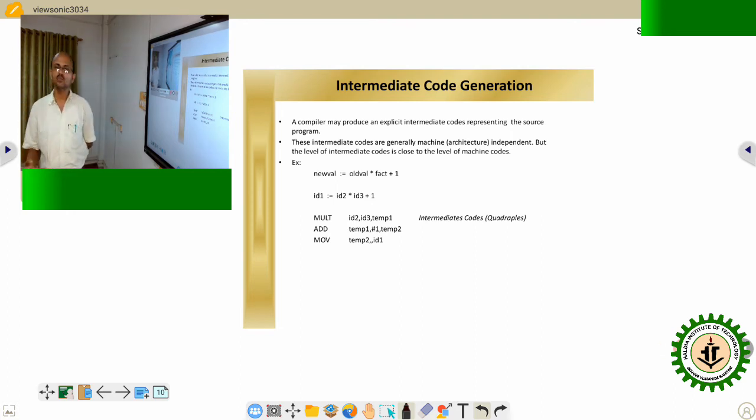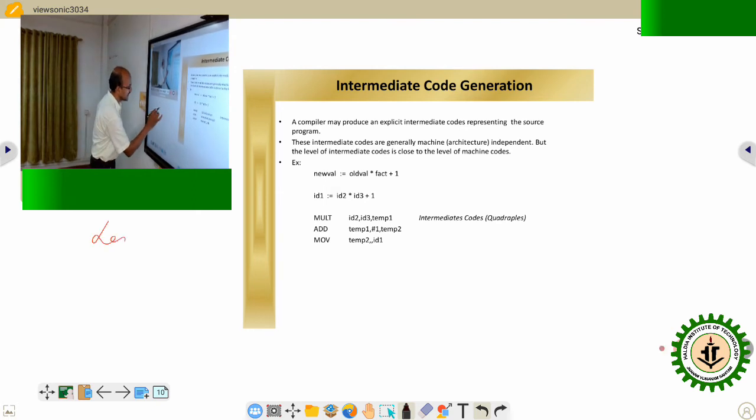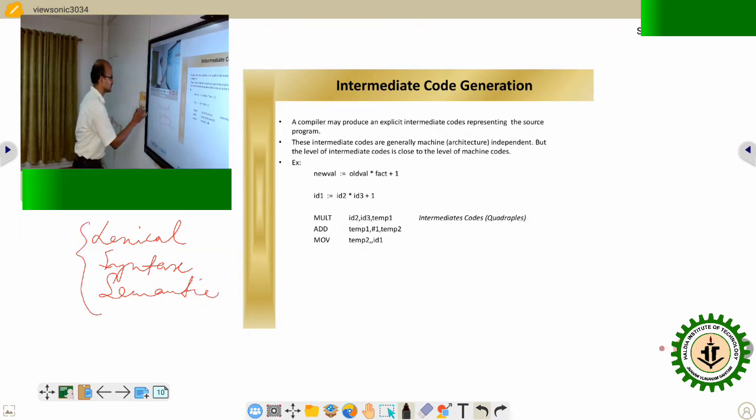Up to this point we have discussed three phases: lexical analysis, syntax analysis and semantic analysis. All these three constitute the analysis phase of the compiler. During these three stages we are analyzing the program but not generating the actual code.